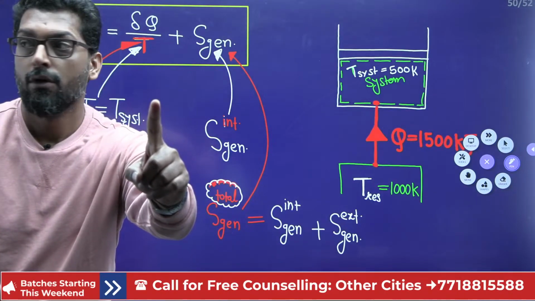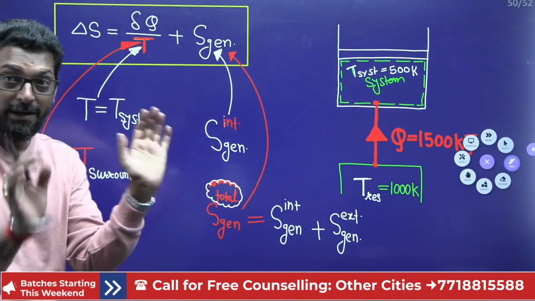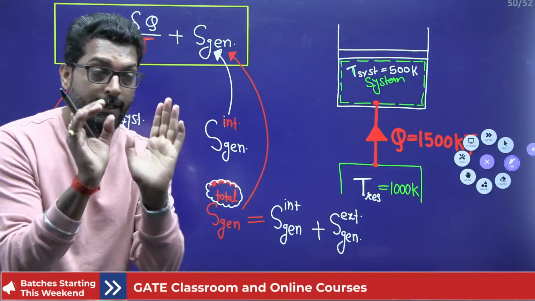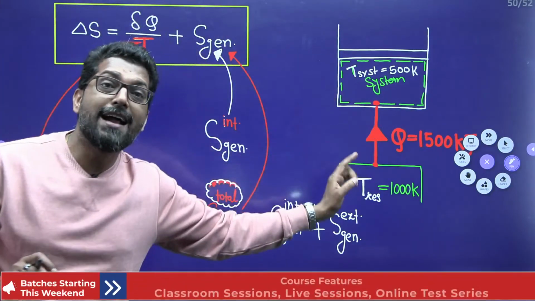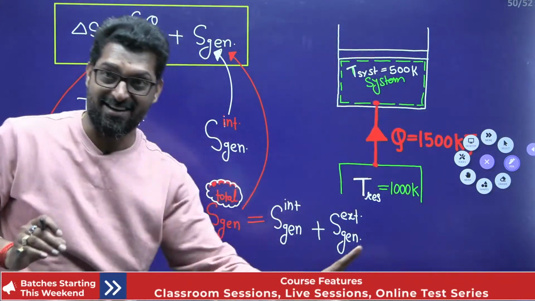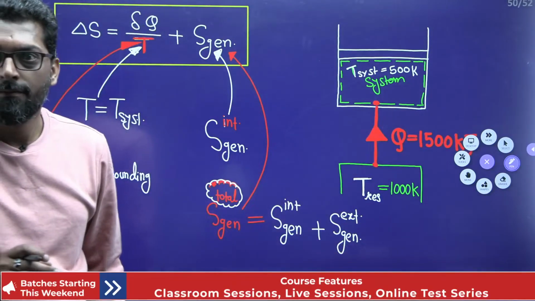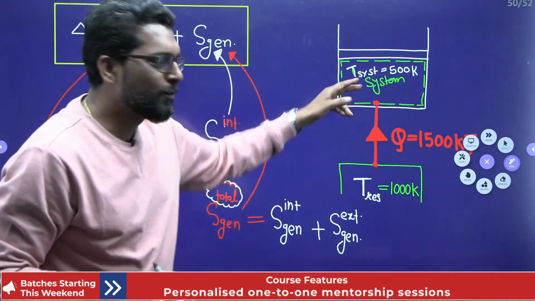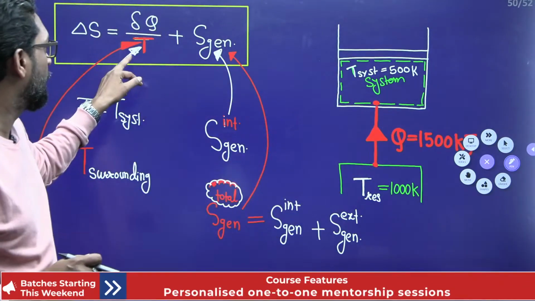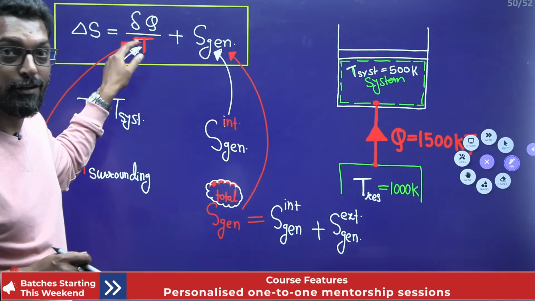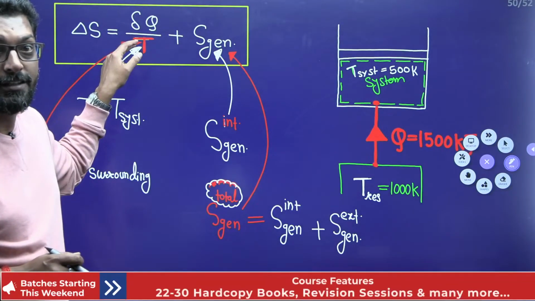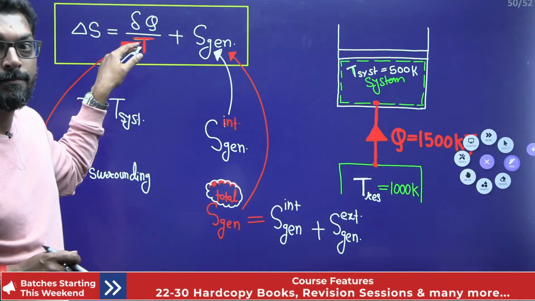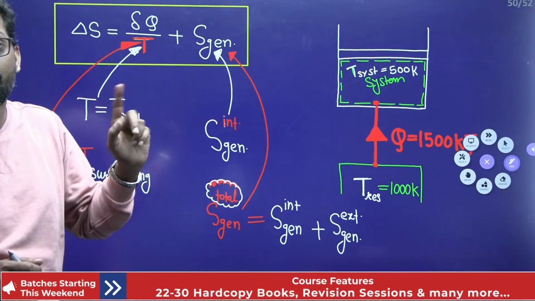Now, my dear, if we find the external generation, we cannot put T2 minus T1.